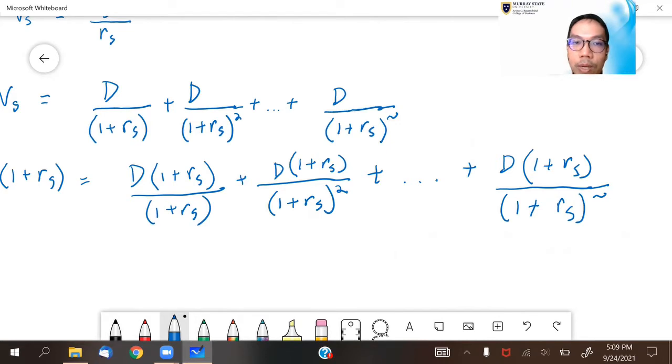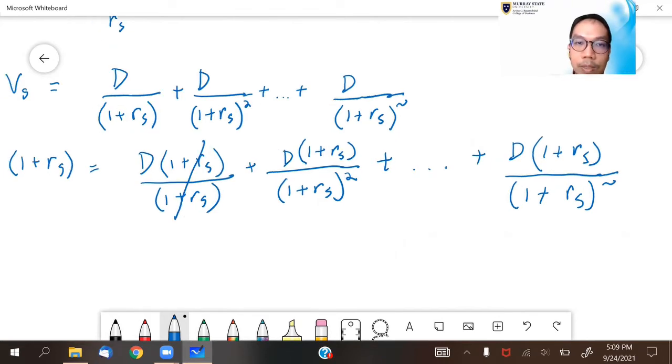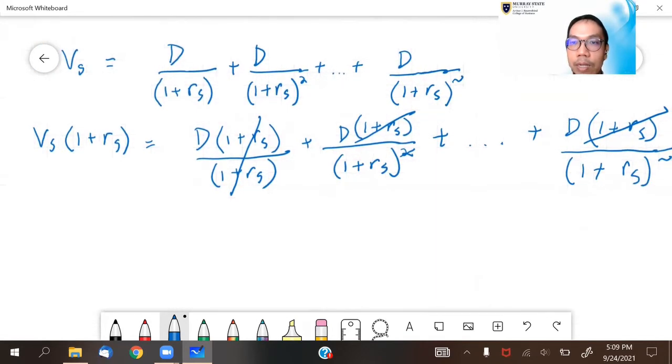Because we do it this way, you can cancel out this one, and then this one, you cancel out one of them, and so on. For the last one, you drop one, but it will become infinity minus 1.